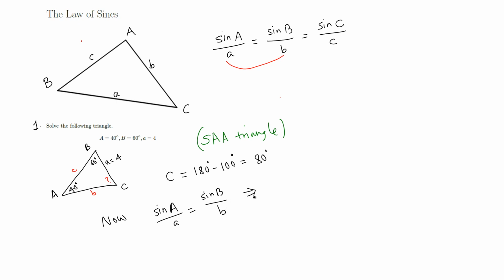That implies sine 40 degrees over 4 equals sine 60 degrees over lowercase b. Now the unknown is b, so we need to isolate b. We can cross multiply because there is only one fraction on each side.